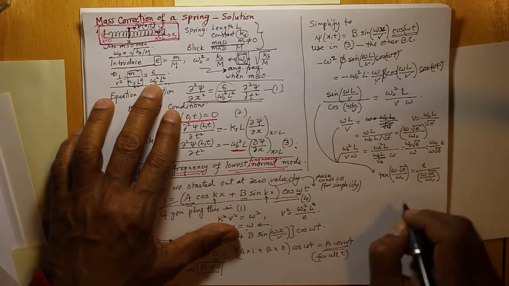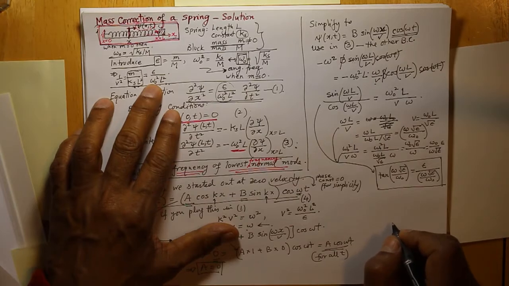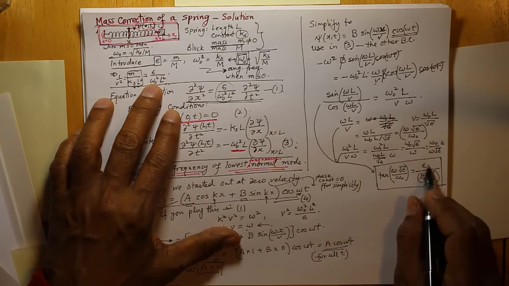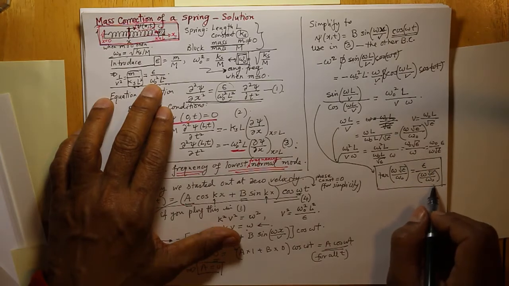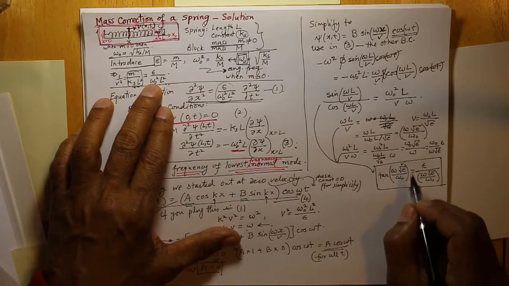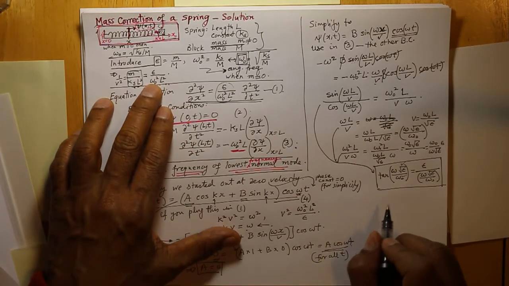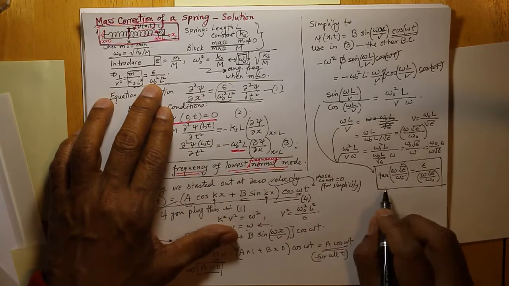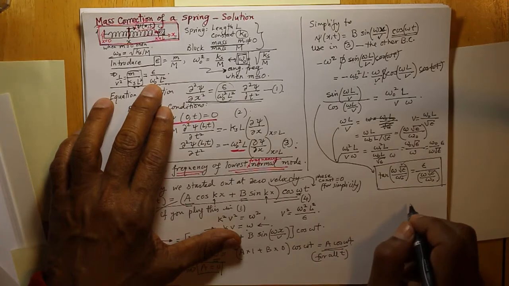I write it because I want to show you how to solve equations like this. So if I solve this for a given epsilon, which is the ratio of the masses, and omega naught, which is Ks over capital M, so these are given, I need to figure out what omega will satisfy this. If you plug into Mathematica or some other numerical solving program, you get an answer.